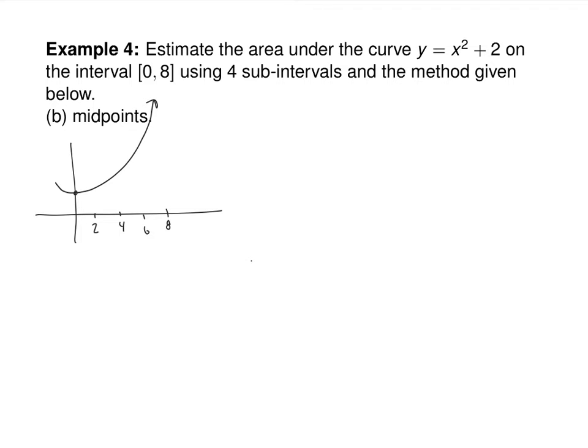What are we going to do with midpoints? Plug in the number in the middle. So the first middle number is 1. The second middle number is 3. The next middle number is 5. And the last middle number is 7.